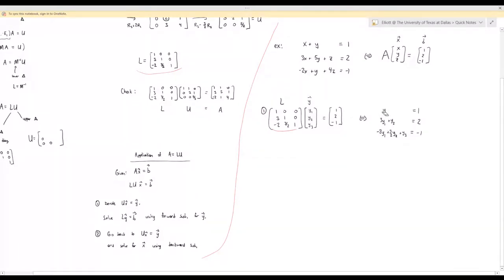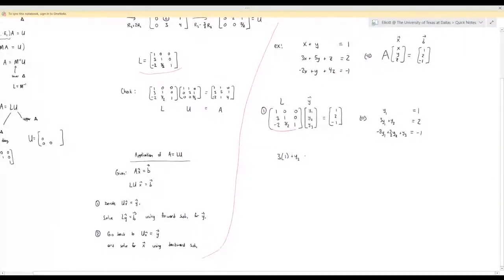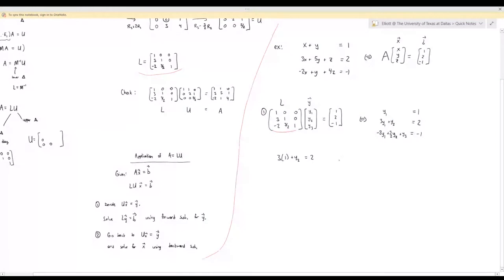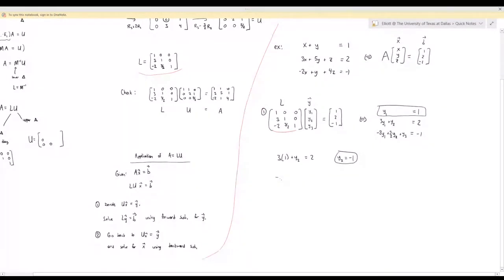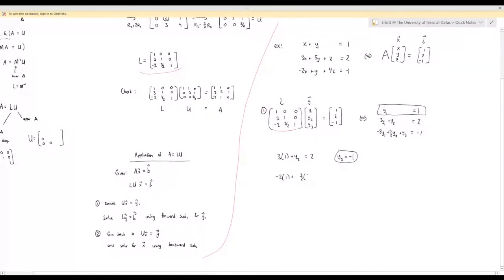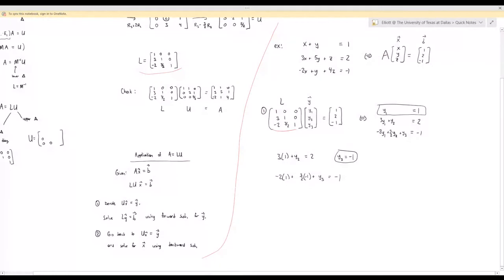So we know y1 is 1. We're going to substitute forward into the next equation. So we have 3 times y1 plus y2 equals 2, so you get y2 is -1. Then we take what we have for y1 and y2 and substitute forward into the last equation: -2 times y1 plus 3 halves times y2 plus 1 of y3 equals -1.